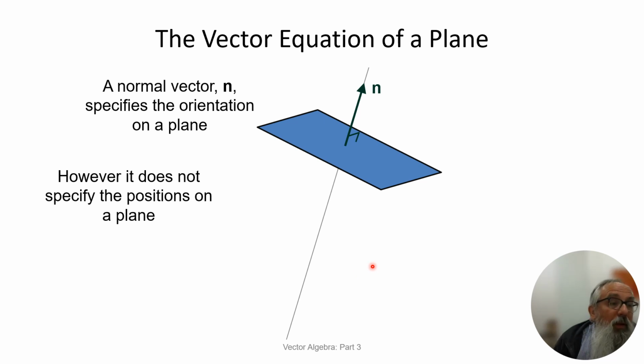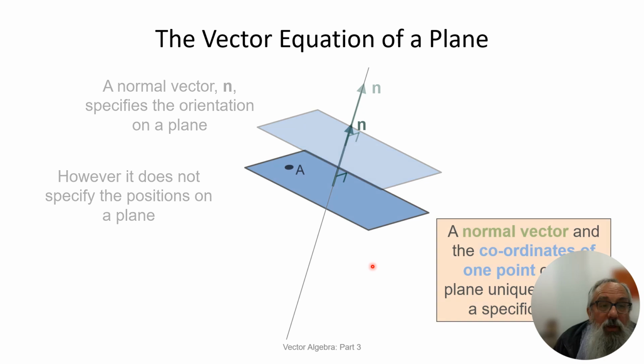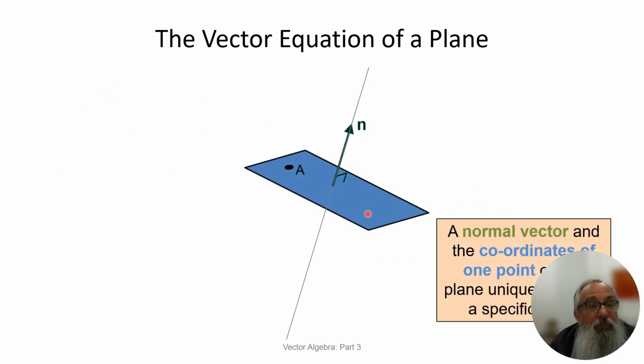But if we have a single point within the plane, say A in this case, then we've defined the position of the plane and the orientation. And in fact, that is what we need for definition of a plane, a normal vector and a point. A normal vector and the coordinates of one point will uniquely define a specific plane.